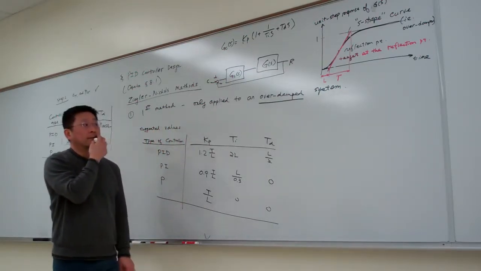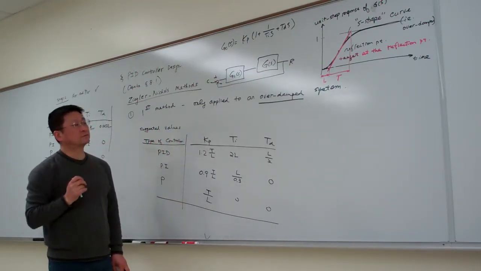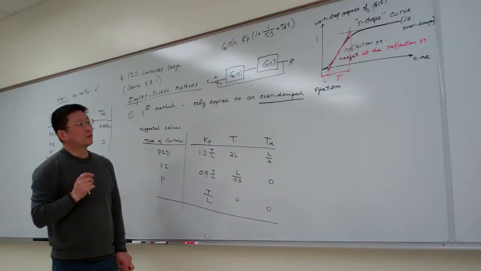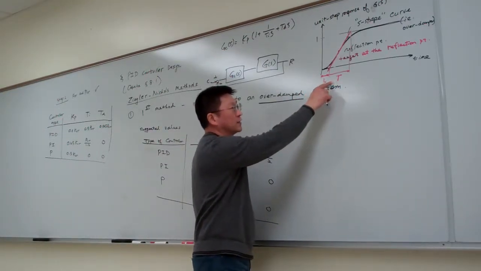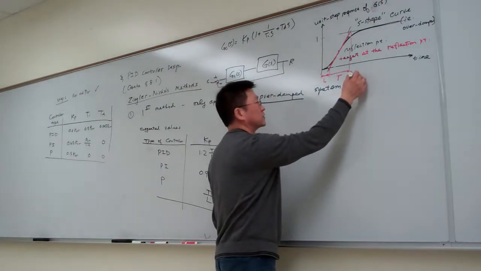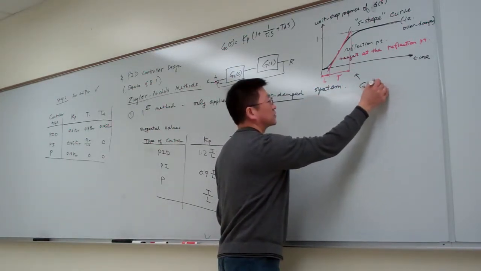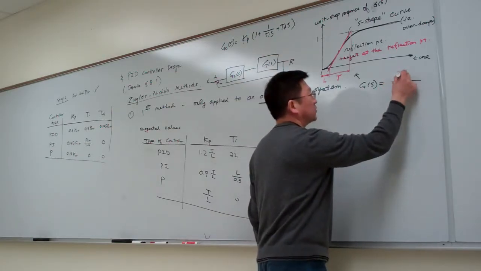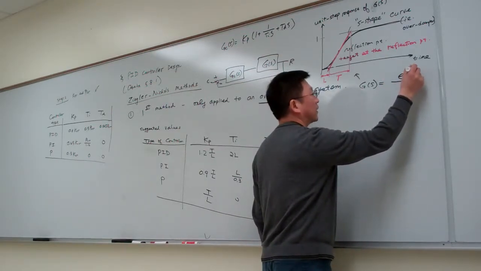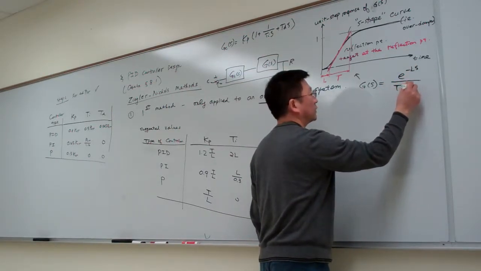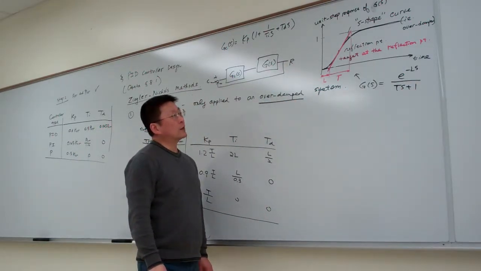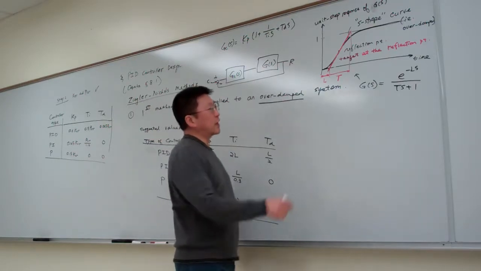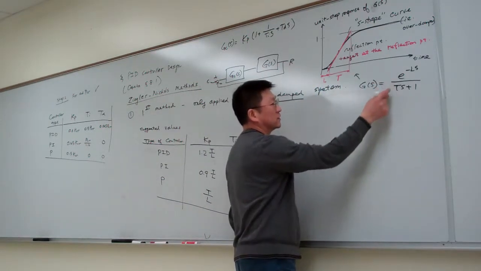For such a system, if we have identified the L and T, that means the system can usually be described by e to the minus Ls over (Ts plus 1). We can verify this, but let me skip it. So basically L and T correspond to a system like this.